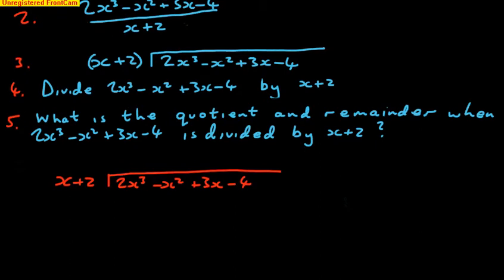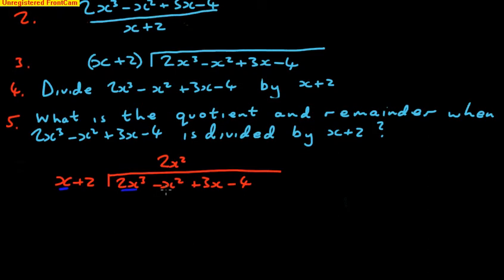Right, we take the first term, that is the x, and we divide it into the first term there, that is the 2x cubed. And x goes into 2x cubed 2x squared times. So we write the 2x squared here in the x squared column.